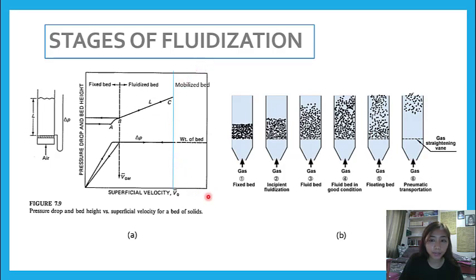And during that time, the velocity is constant. Even at constant velocity, our solid particles will continuously move upward, until they exit the column. So again, we have fixed bed, fluidized bed, and mobilized bed.